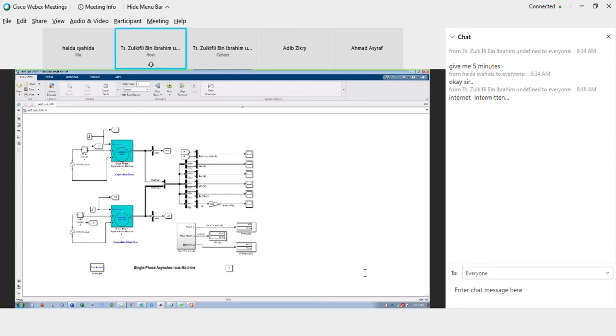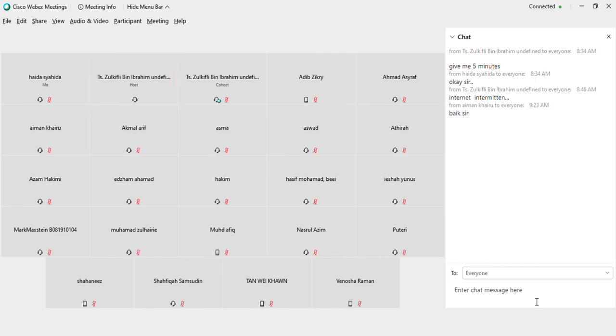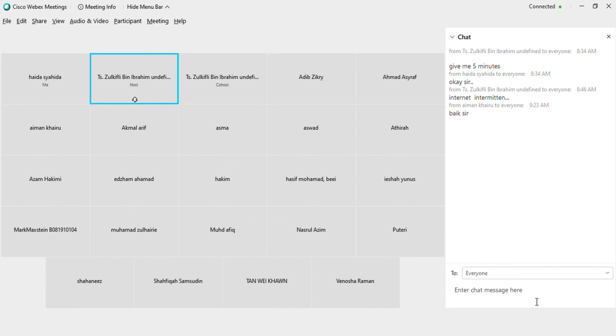Okay, saya akan coba kita dekat Kuatkan. Sekejap saya disconnect sekejap. Buang sedikit, buang kecil sikit.